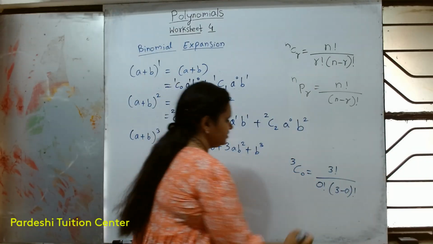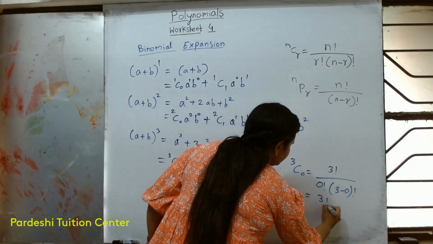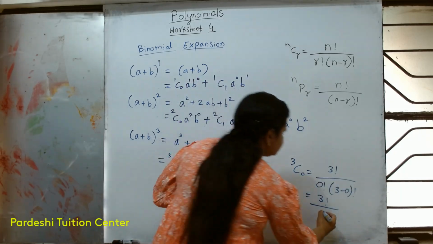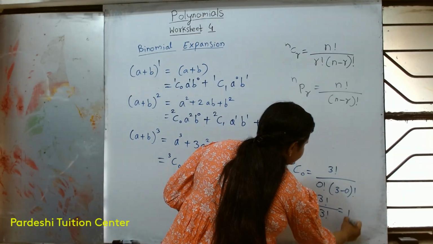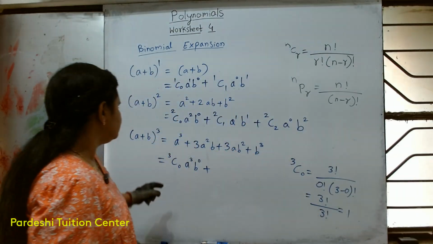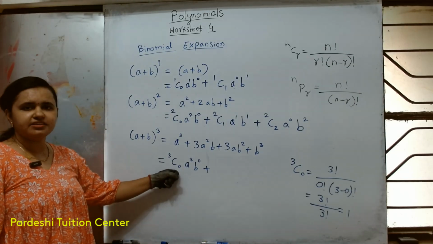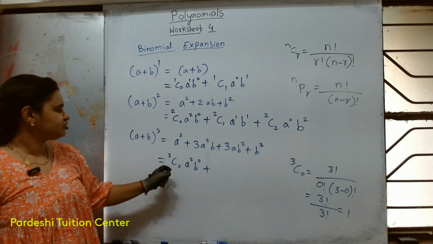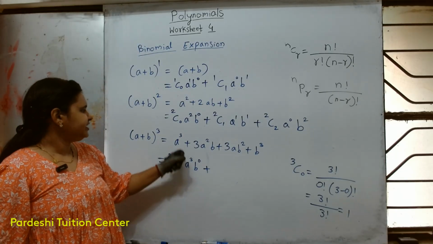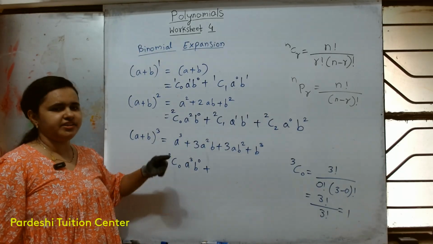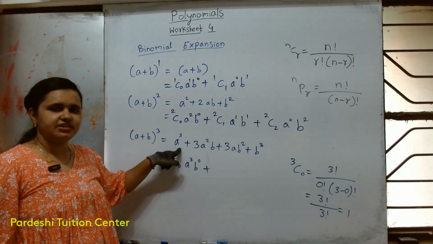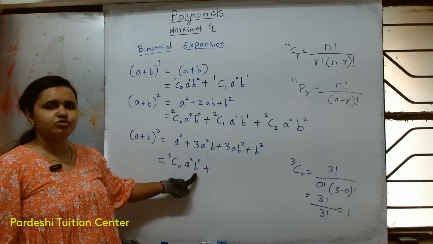So it will be 3 factorial upon 0 factorial, which is 1, 3 minus 0 means 3 factorial. Again 3 factorial upon 3 factorial is equal to 1. So here 3c0 is coming as 1 and here also the coefficient of a cube is 1. So it is true. Now for a cube, the power of a is 3 here, so I wrote a cube, and b is not present here, so I wrote b to the power 0.